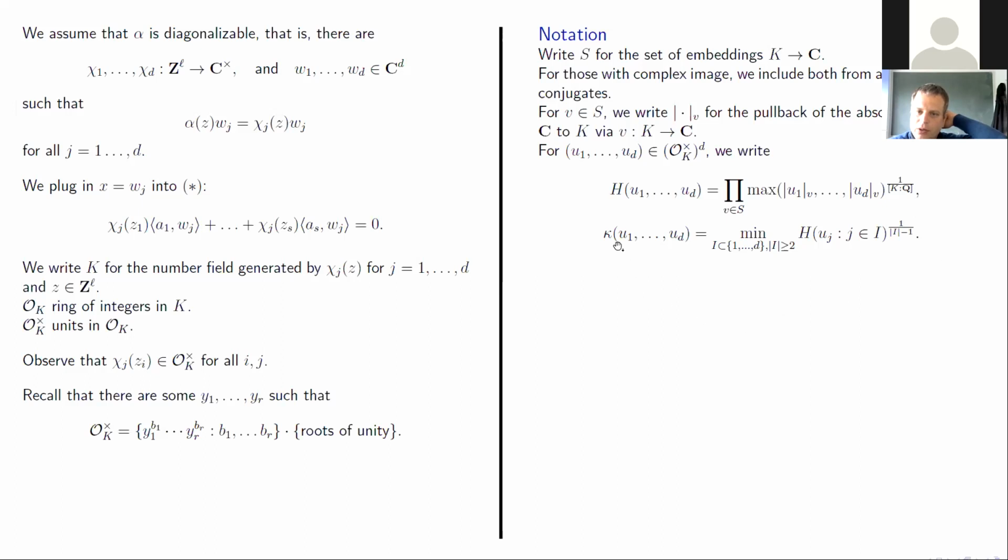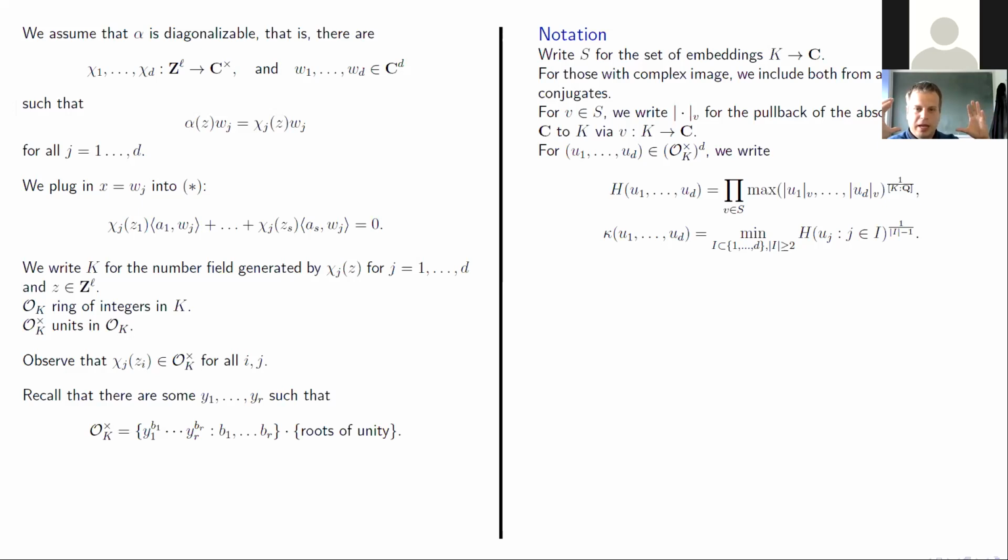Okay, and then I will also have another number kappa, which does the following. I can take an arbitrary subset of my indices, but it has to be at least 2 indices, and you calculate this height for this. So basically, I can drop some elements from my vector.